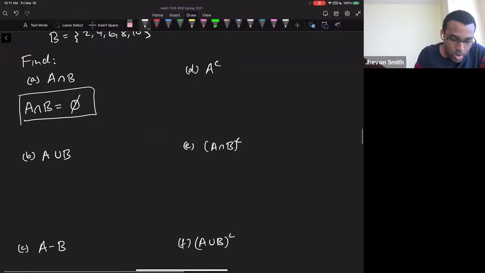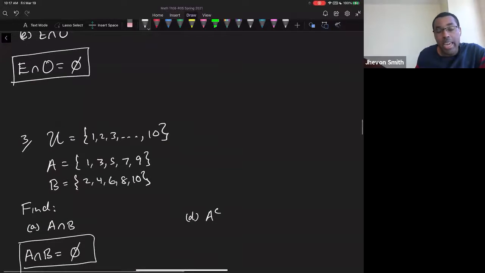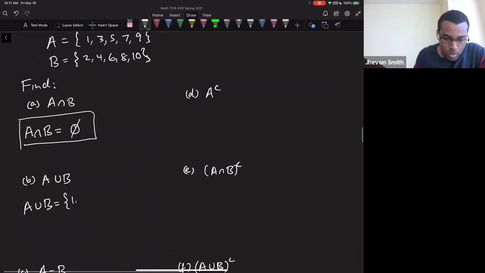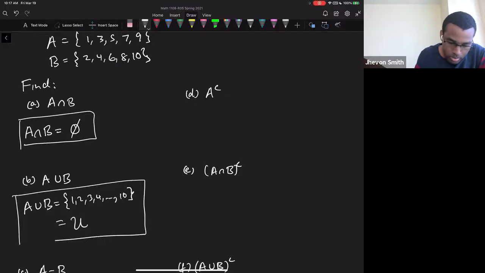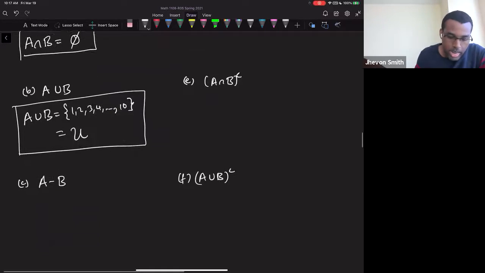What about A union B? This is just a combination of all the things that are in either set. So it has to be in A or in B or in both, which means it has 1, 2, 3, 4, all the way up to 10. It's actually the entire universe. What about A minus B?